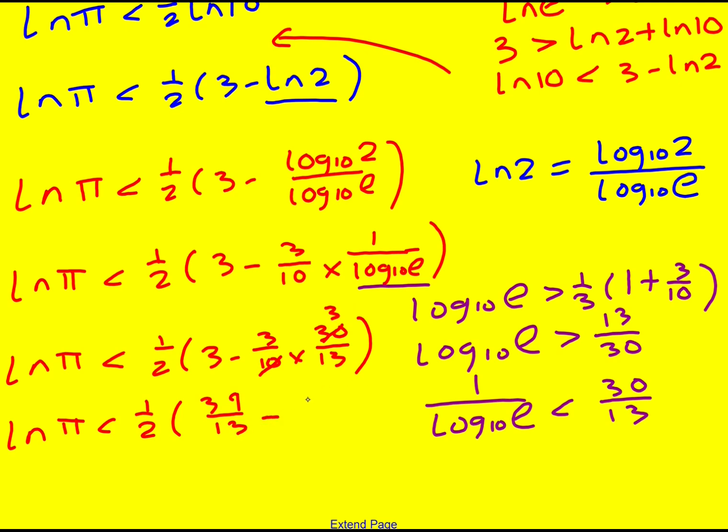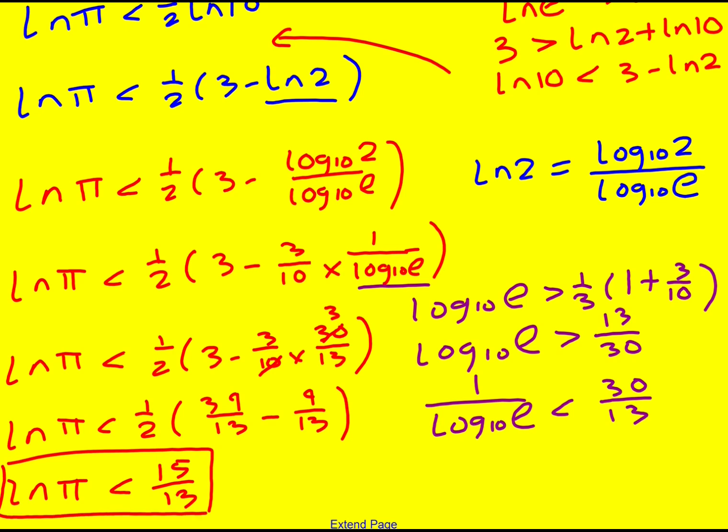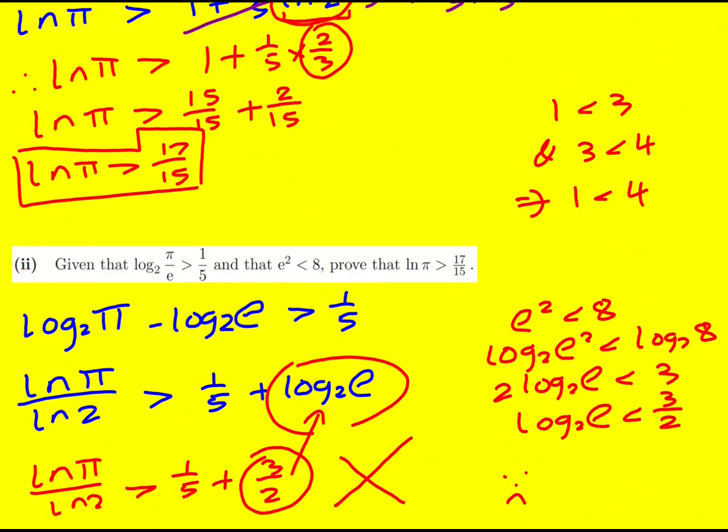And I'm going to be minusing 9 over 13. That's 30 over 13, divide by 2, 15 over 13. No flaws in the method this time, just doing it in a slightly different way. Very similar, to be fair.